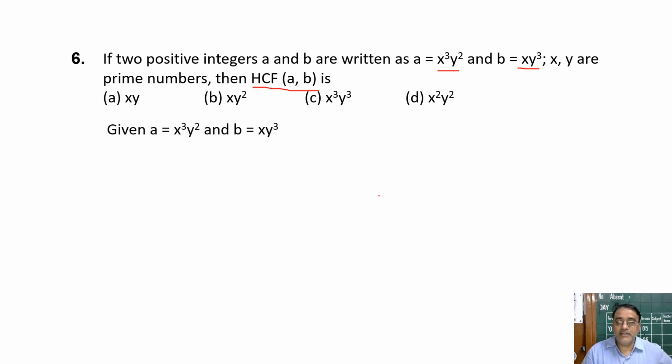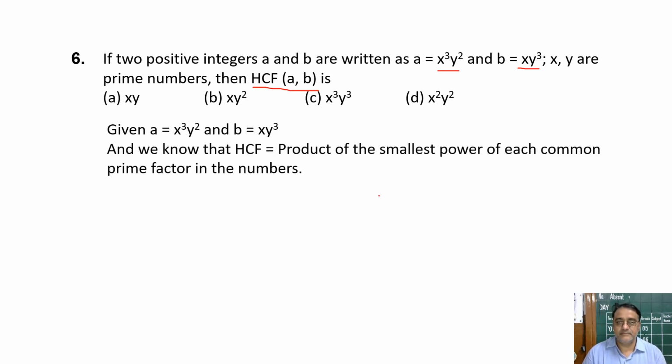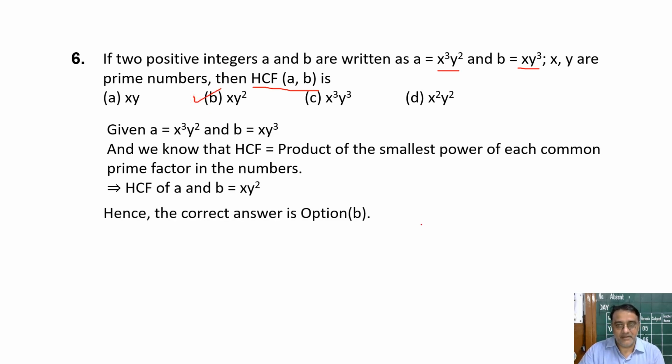We know that HCF is equal to the product of the smallest power of each common factor involved in these two numbers. So both x and y are there. What is the smallest power of x? 1. And the smallest power of y? 2. So HCF is equal to x y square. So which option is the correct one? Option B. Option B, right.